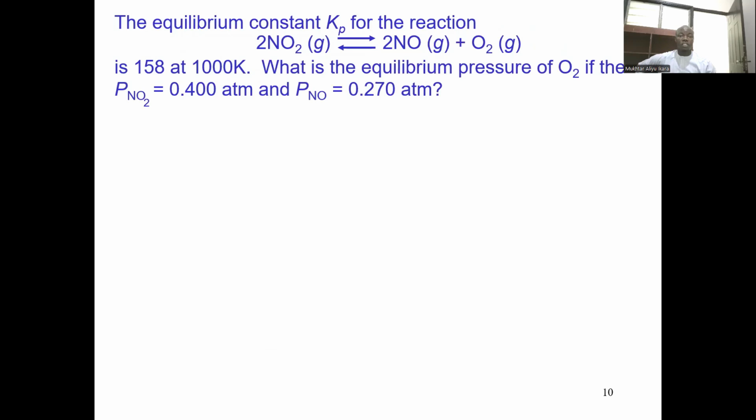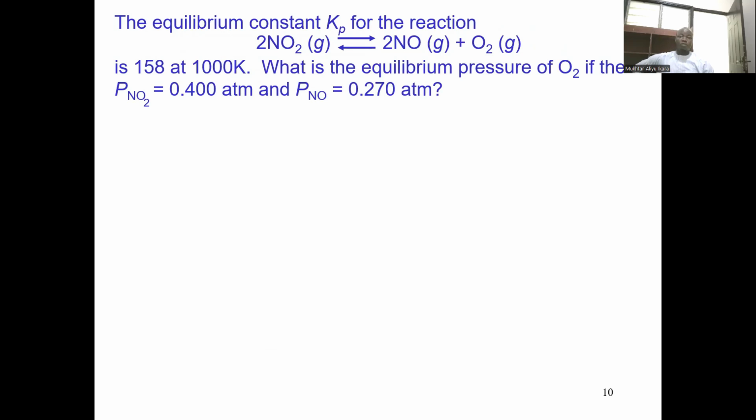So this is another question here. We have the equilibrium constant Kp for the reaction: 2 molecules of nitrogen dioxide react to produce nitrogen oxide plus oxygen. And of course, the Kp is given as 158 at 1000 Kelvin.